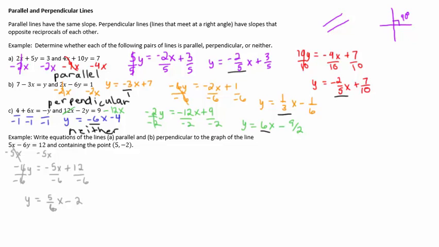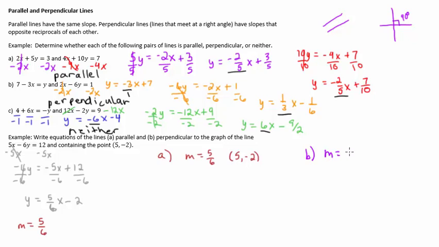Which is y equals positive 5/6 x minus 2. Now, what I need from that is just the slope. The slope of the equation they gave us is 5/6, which means that for A parallel, I'm going to use that 5/6 as well as the point (5, -2). And then for B, I need the opposite reciprocal.